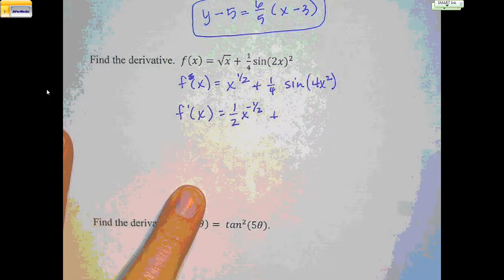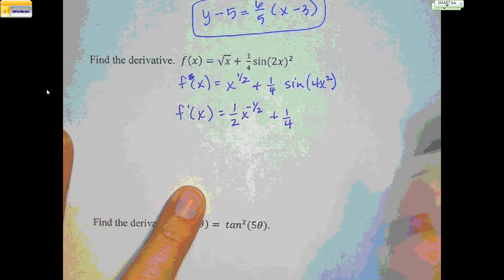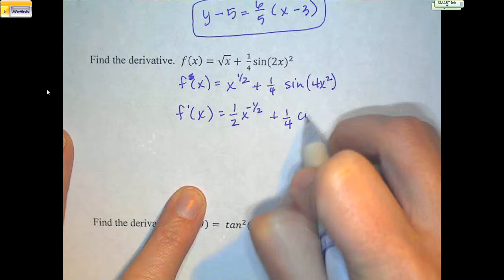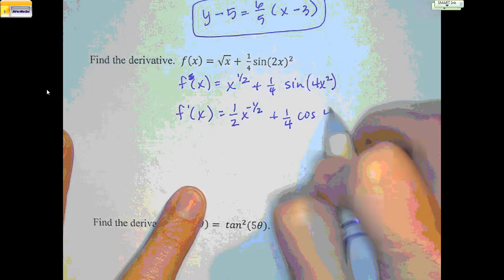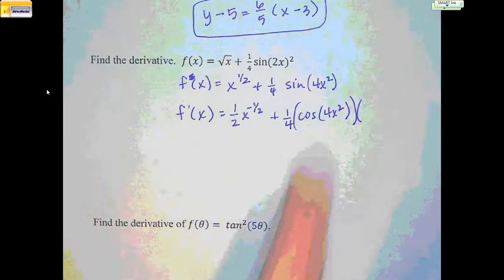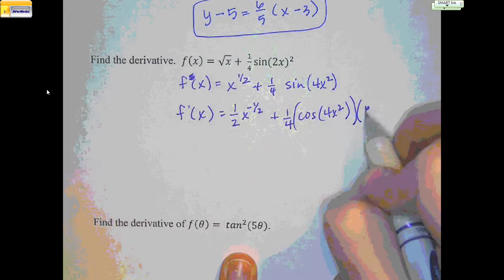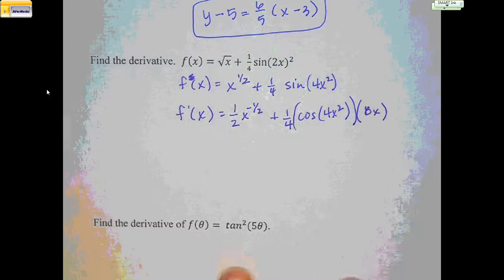What do I do with that 1/4? You can just bring it down. Yeah, just leave it. Derivative of sine is cosine. Rewrite the inside part. And that whole thing is multiplied by the derivative of the inner function, which is going to be 8x. Does everybody see what just happened?